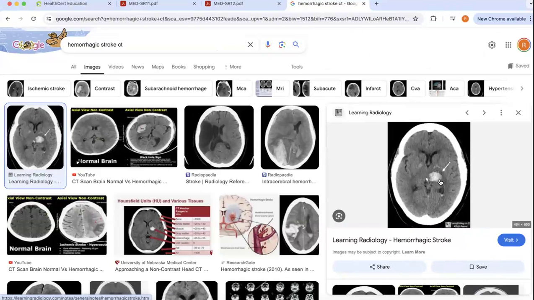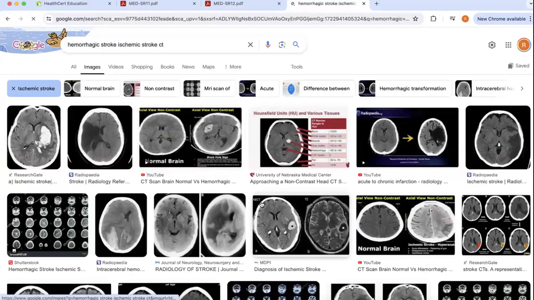White means blood looks white in a CT scan, right? So when you get something like that and the history suggests hemorrhagic stroke, like sudden onset of hemiplegia, headache, vomiting, unconsciousness, or confusion, then we would think of hemorrhagic stroke.